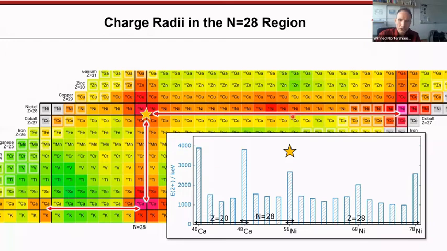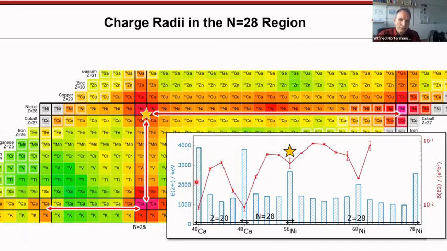Along the nickel chain, you also have high values for nickel 56 and nickel 68, and in particular nickel 78. However, the transition strength, the B(E2) value, should have a minimum for a magic number, and you see this is well the case for calcium 40 and calcium 48, but much less for nickel 56. It's quite well known already that nickel 56 is a much weaker shell closure than the other nuclei.